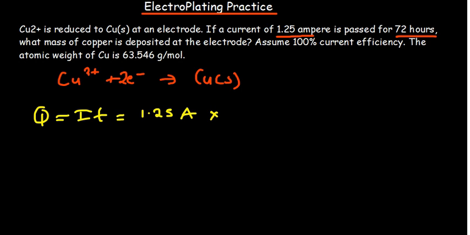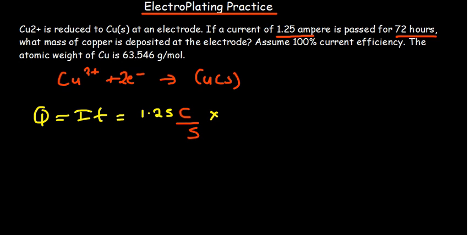Now you need to understand that ampere is the same as coulomb per second. That's why we say current is the rate of flow of charge.